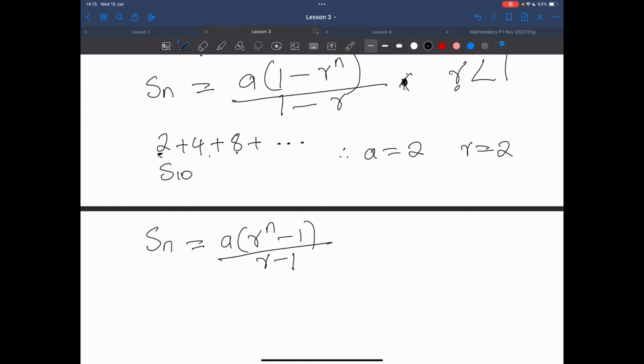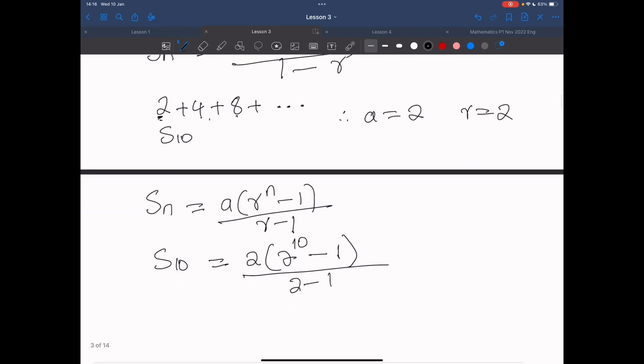So we are calculating the sum to 10 terms. So we are going to substitute a is 2, r is also 2, n is 10 because we are calculating S10, and then we divide by 2 minus 1.